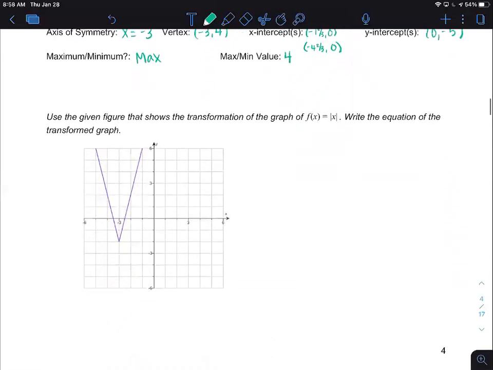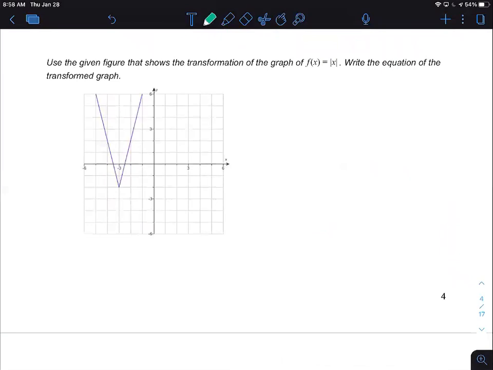All right, and the last example, what if we want to go backwards? What if we want to look at the graph and write our equation? So I'm going to write out our general form. F of x equals a times the absolute value of x minus h plus k. So let's figure out what our graph is doing. So 1, 2, 3. We're moving left 3.